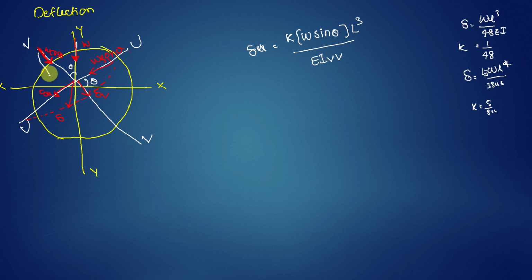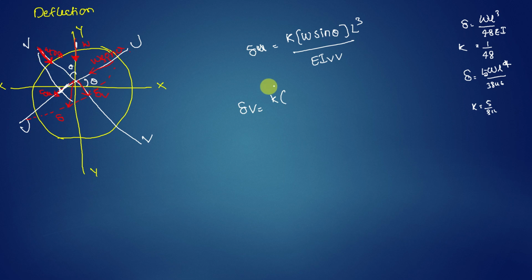IVV, because the deflection will happen in this manner, that is deflecting from the line V. So you have to consider the moment of inertia about the V axis because the deflection is away from this V axis in the plane U, that is delta U. In a similar manner, can you tell me what is delta V? Delta V, now K is common, and what is the load?